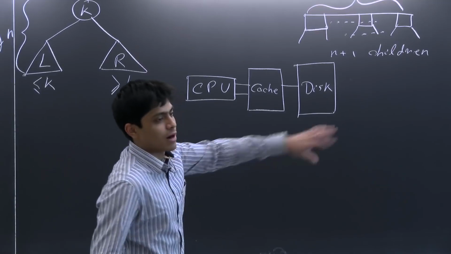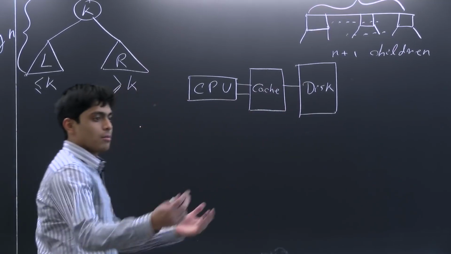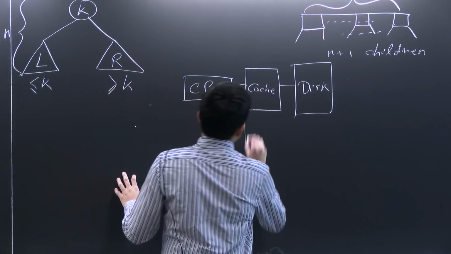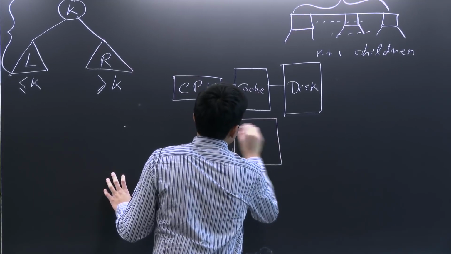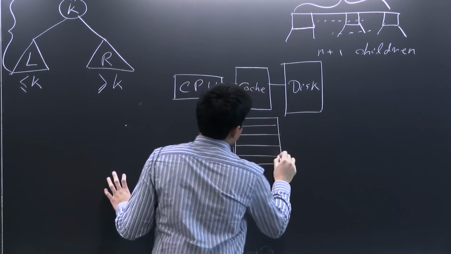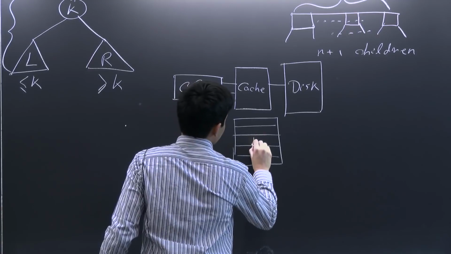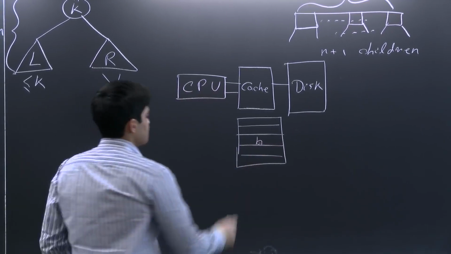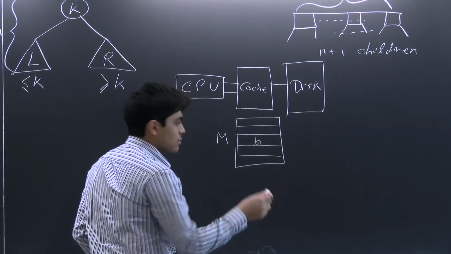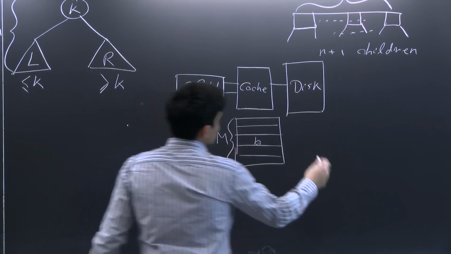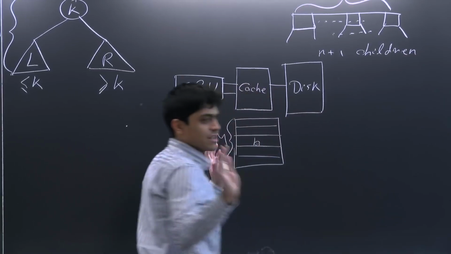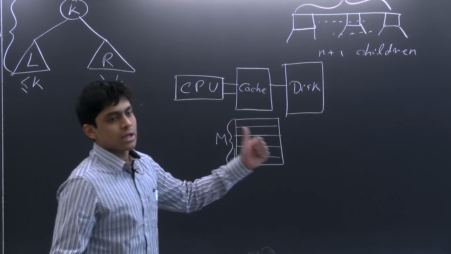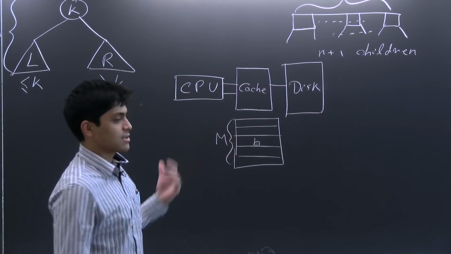Whatever you take from it, you don't have any cost for bringing in stuff from cache. But it's finite size. The way cache works is it has a finite number of words. Each word has size b, and let's say you have m words. However, hard disk is, let's say, infinite memory, but it has some cost associated to accessing things.